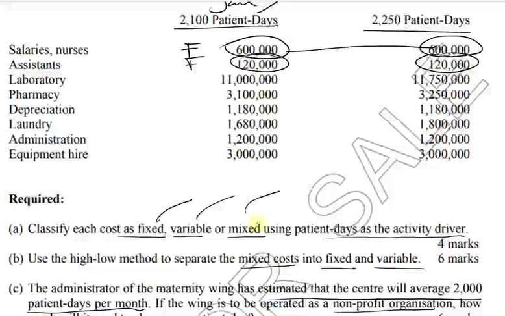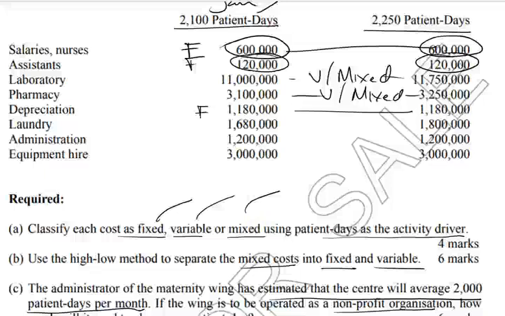This can either be variable or mixed; we don't know yet, so we just mark. The same here, 3 million 100 and here 3 million 250. That can be variable or mixed. Here we see that depreciation has 1,180,000 here and 1,180,000 here. This is also fixed.